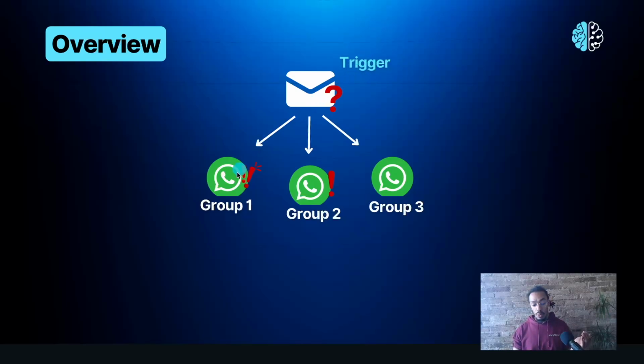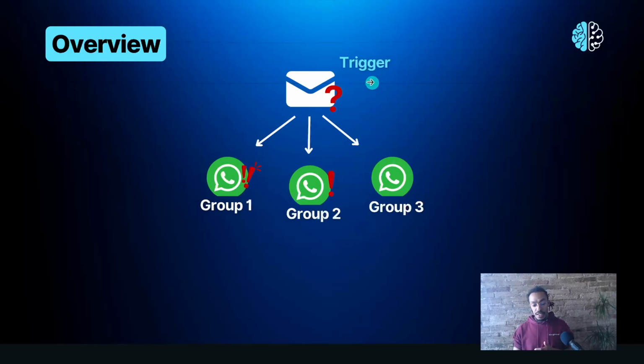And so we have 3 WhatsApp groups. One will be dedicated to urgent matters, another one for important matters, and the last one will be for all non-important tickets that can be dealt with in the next 2 or 3 days. For the urgent one, we assume that you want people acting fast on them because they're critical and they might put your users into a bad situation if they're not solved immediately.